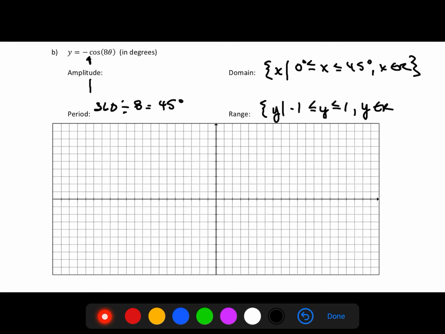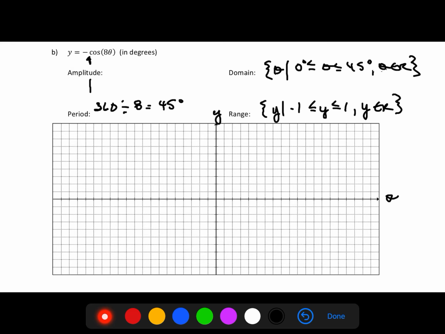And our range, we don't have any transformations up or down, so we are going to stay with negative 1 and 1, because our max of 1 reflected becomes min of negative 1 and vice versa. So we want to now take a look at how we're going to scale our grid.